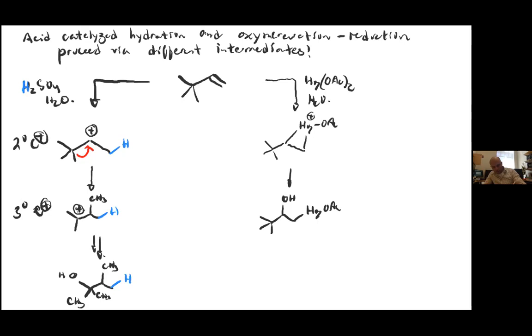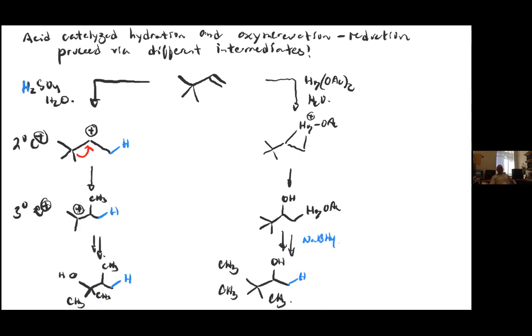If you do the reduction of the organomercury, you get to that product on the right. So those are different products, obviously. And so the point is that you don't get rearrangements in the oxymercuration-reduction process.